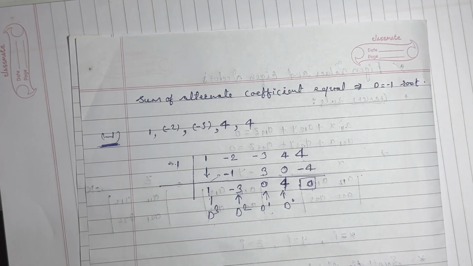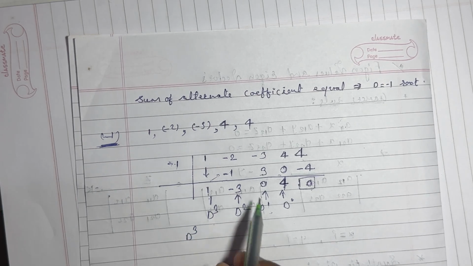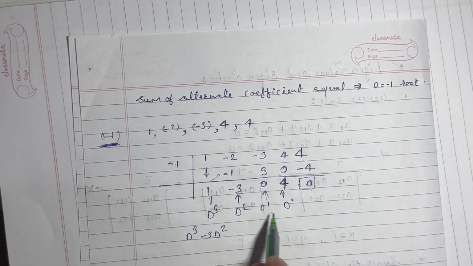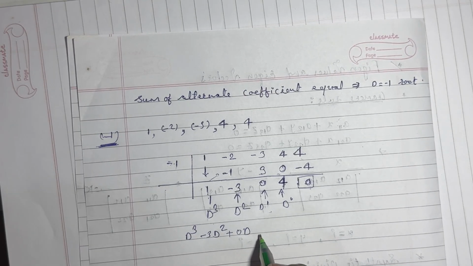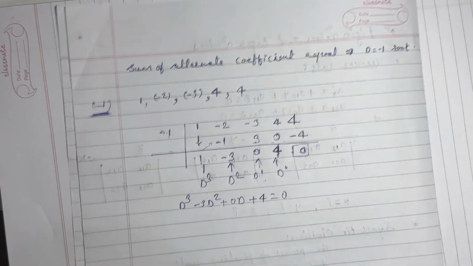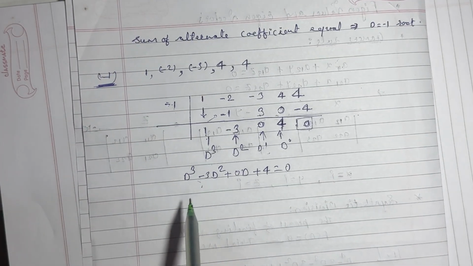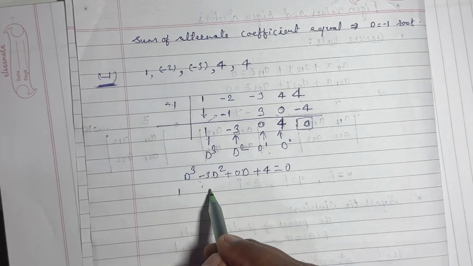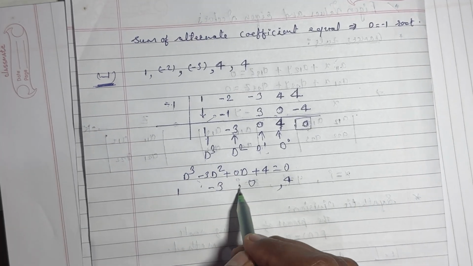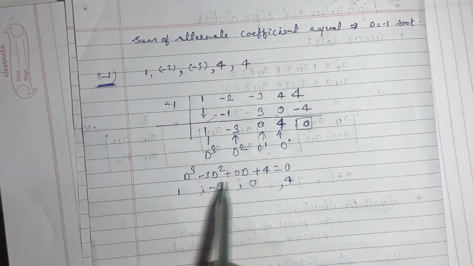So we write d cube minus 3 times d square plus 0 times d plus 4 times d to the power 0, that means plus 4 only, equal to 0. Now verify the alternate coefficients: first coefficient is 1, second is minus 3, third is 0, fourth is 4. Check whether the sums of alternate coefficients are equal or not.